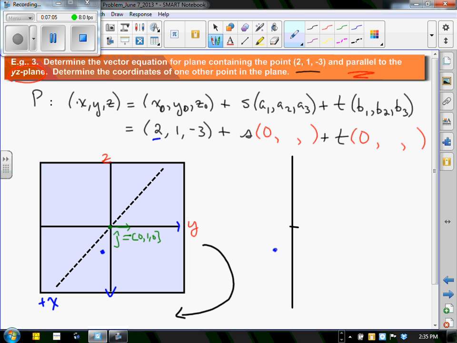And then also to define any other vector in the space of yz, or what we say spans all of yz, we would use a basis vector k, or k hat, of unit length, which would have components 0, 0, 1.